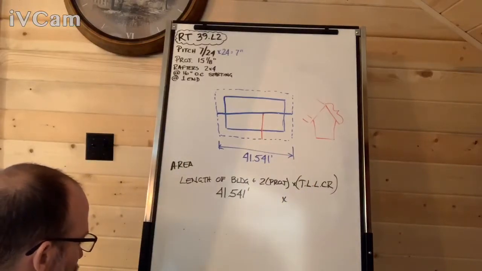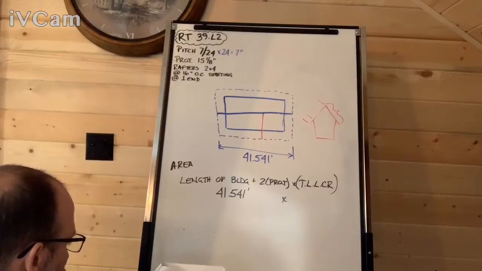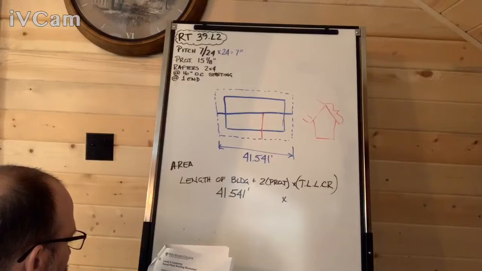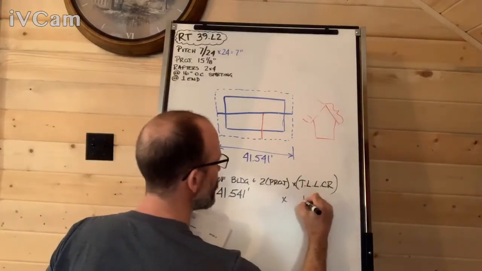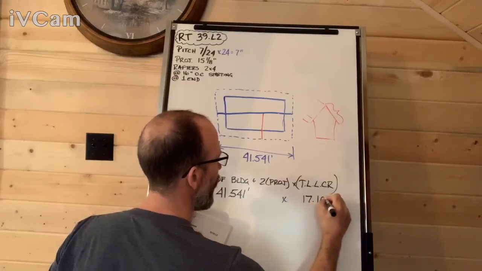We did that on the previous one. Where do we have our nominal length? 17.109 feet.